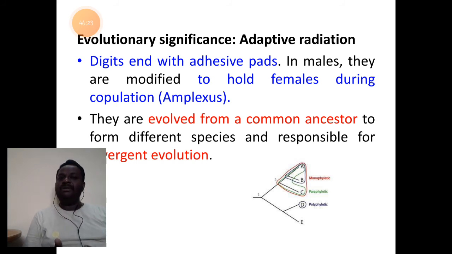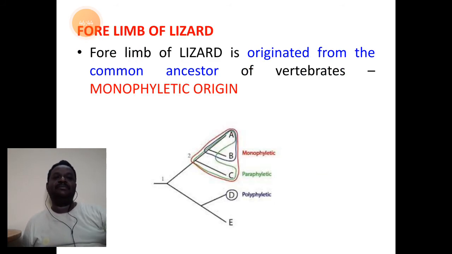They all have a common origin from an ancestor, leading to divergent evolution. So it is monophyletic evolution, it is divergent evolution, it shows difference in functions, but structure-wise they remain the same. We call them homologous organs.